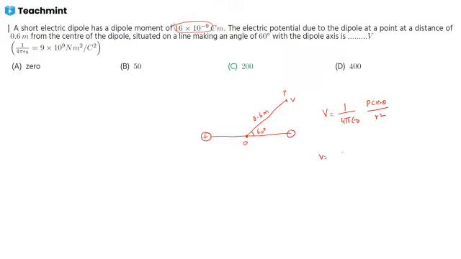So V is equal to, we can write this as 9 into 10 power 9 into P value 16 into 10 power minus 9 cos 60 degree divided by R square, that is 0.6 whole square. So V, after simplification, we are going to get 200 volt.